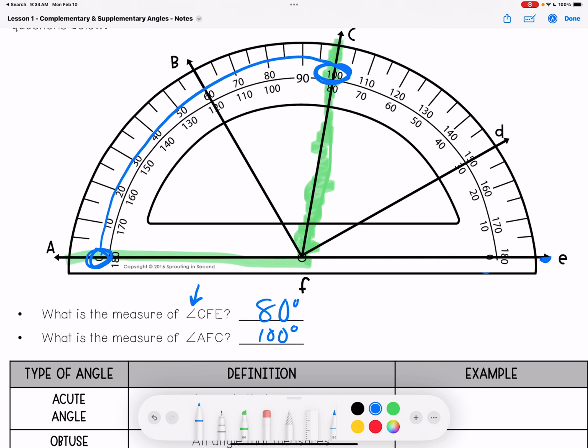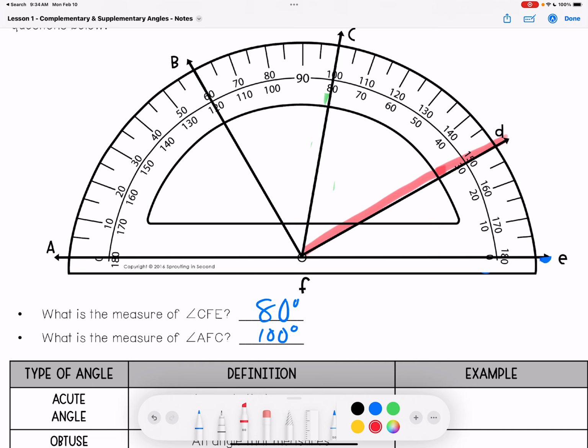Now, what if in red here, they ask you what this triangle was? DFB. What if they ask you what that triangle was? Now you would actually have to subtract on the protractor. You could pick the top or bottom. I'm going to pick the bottom. I don't know why, just because I want to.